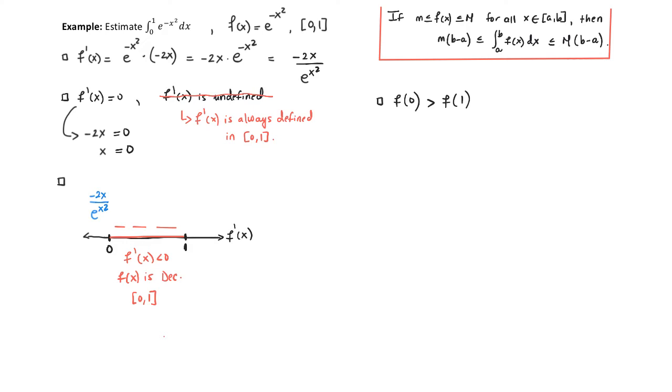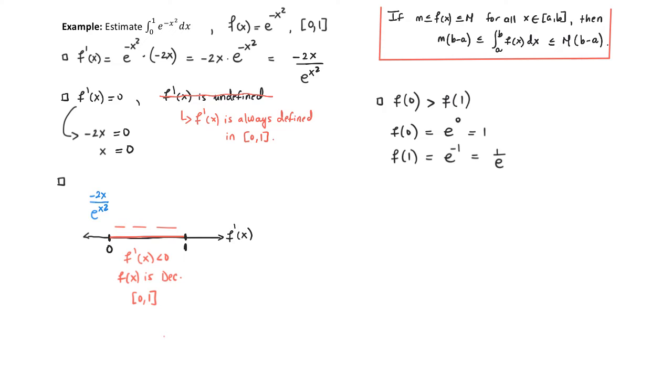Let's go ahead and find those values. What is f of 0? f of 0 is going to be equal to e to the 0, which is going to give us 1. And f of 1 is going to be equal to e to the negative 1, which is equal to 1 over e.